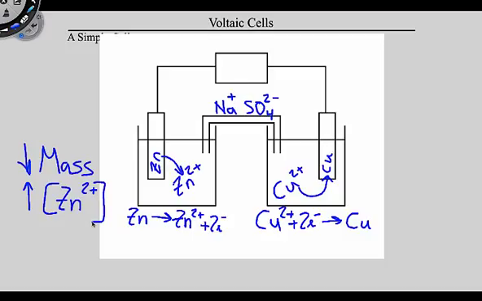You good there? So now let's have the same conversation over here. And I know the answer is obvious, but what's happening in the copper cell? Reduction. It's the opposite. So guys, now let's talk about the changes. What is happening to the mass of this piece of copper? It's increasing. So writing this similarly, we then have an increase in mass.